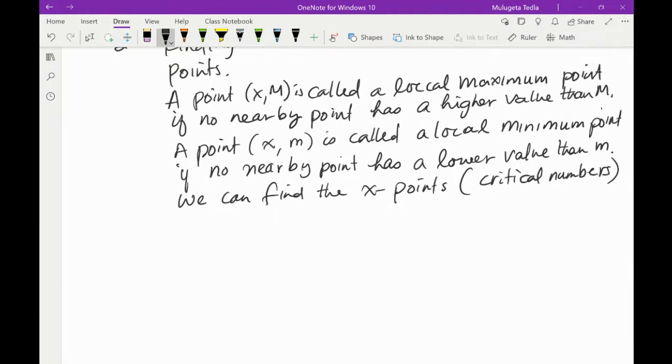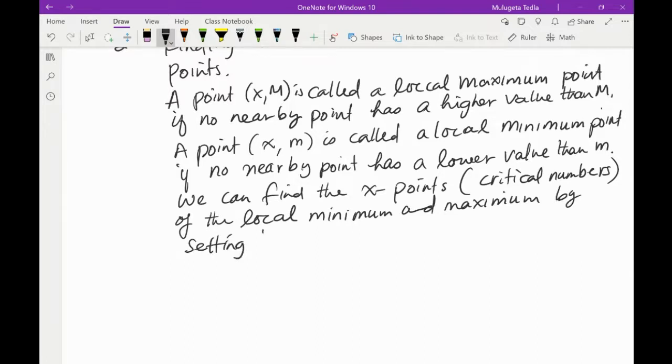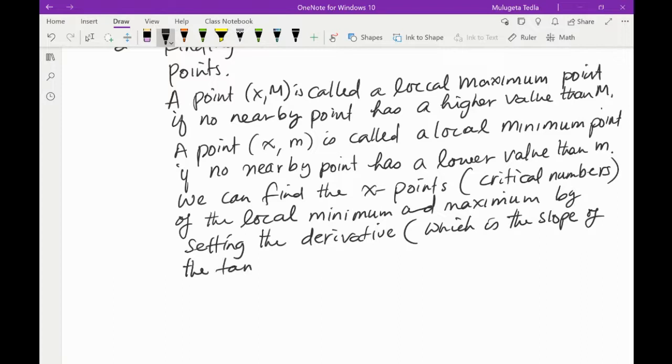So we can find the x points of the local extrema, for both minima and maxima, by setting the derivative, which is the slope of the tangent line, to zero.